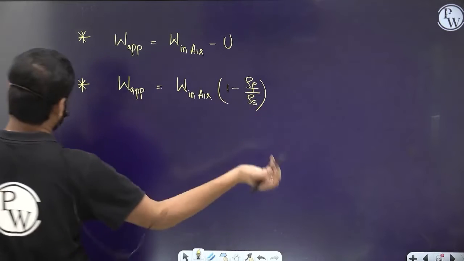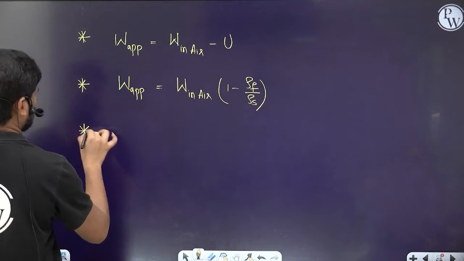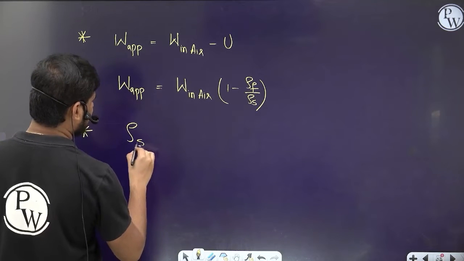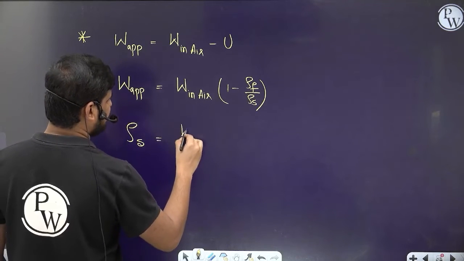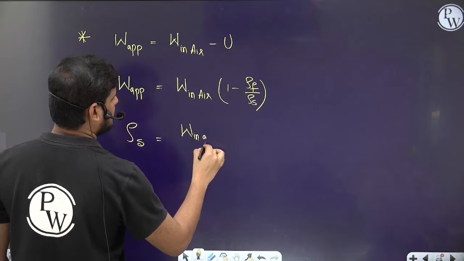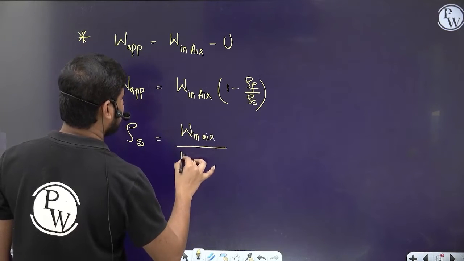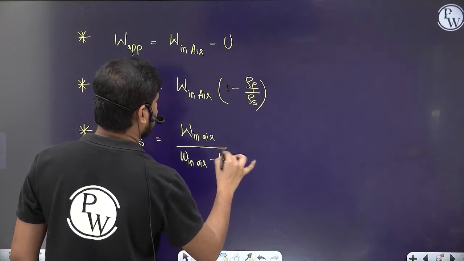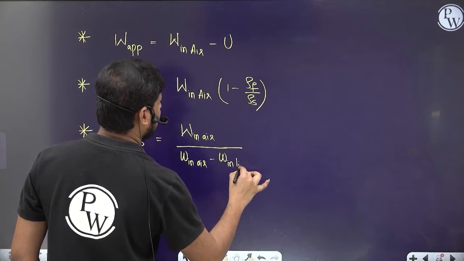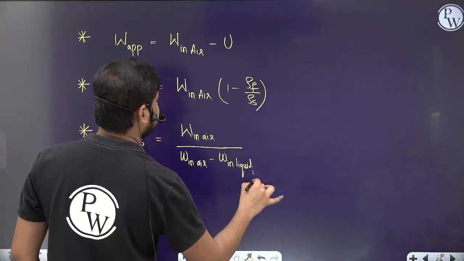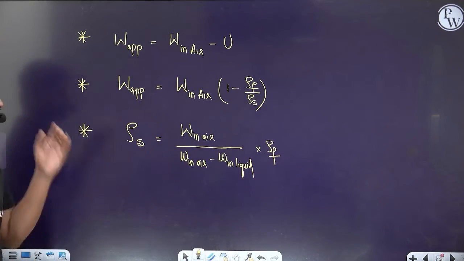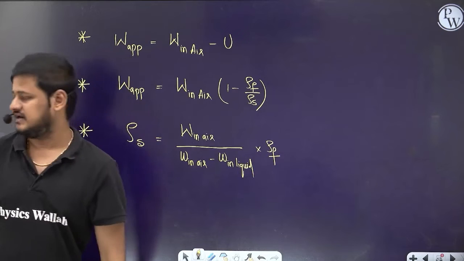And the third one: the density of the solid is equal to the weight in air by the weight in air minus the weight in liquid, into the density of the liquid or fluid. So this formula also you should remember. Done guys?